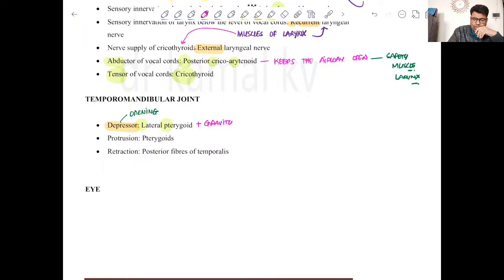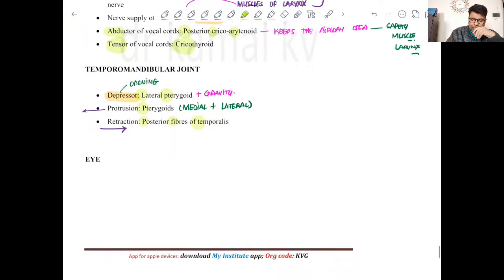Protrusion means forward projection of mandible, and this is by both pterygoids, so medial plus lateral. And retraction, taking a protracted mandible back, is retraction. This is done by posterior fibers of temporalis.